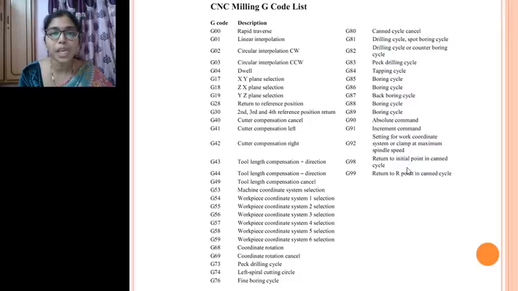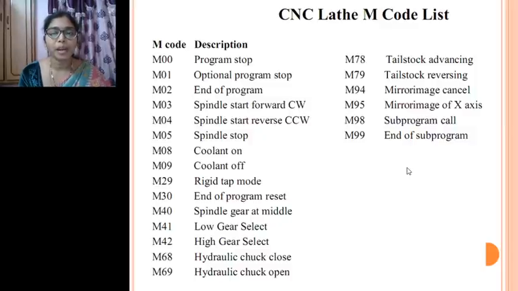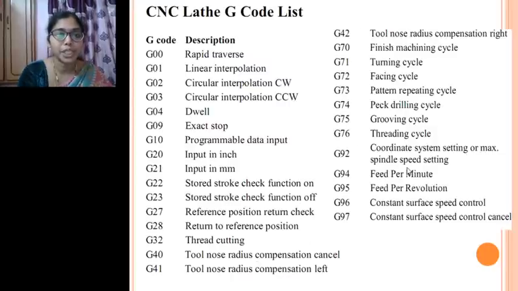Whereas if you see M codes, right? Now G codes start with G. As you can see on the slide, G codes start with capital G: G00, 01, 02, like that.